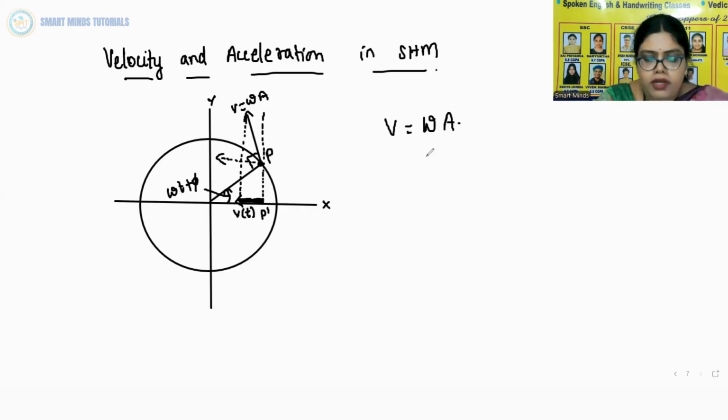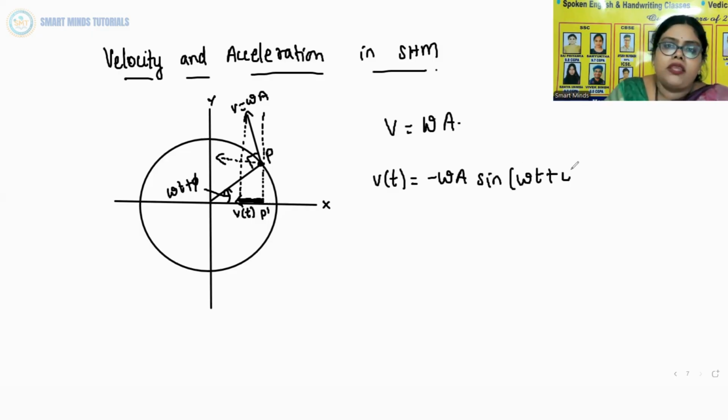So from the geometry of this figure, it is clear that the velocity of the point of projection P dash of the particle P at time t is v of t is equal to minus omega A sin omega t plus phi. Here omega t plus phi is the angle, where the negative sign shows that v of t has a direction opposite to the positive direction of x-axis.